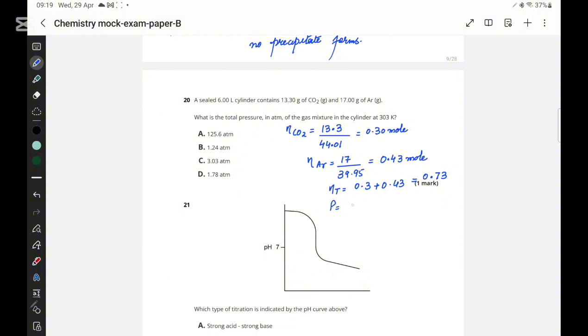P is equal to, when we are going to find the total pressure, nRT divided by V. n is 0.73, R is 0.08206, T is the temperature, which is 303, and volume is 6 liter, so pressure comes out to be 3.03. So the answer is going to be C.